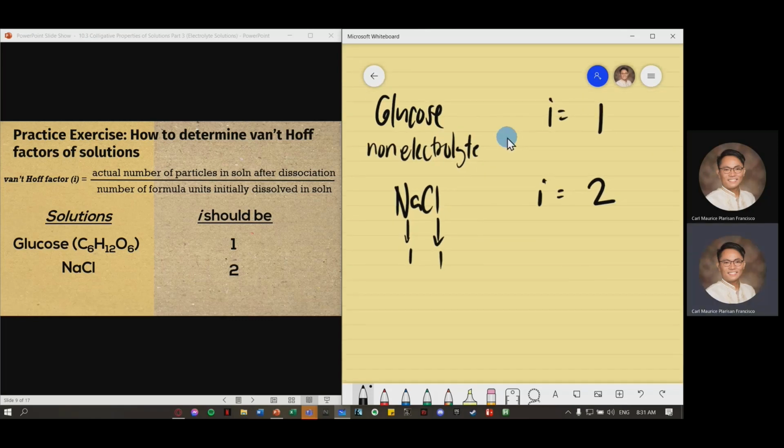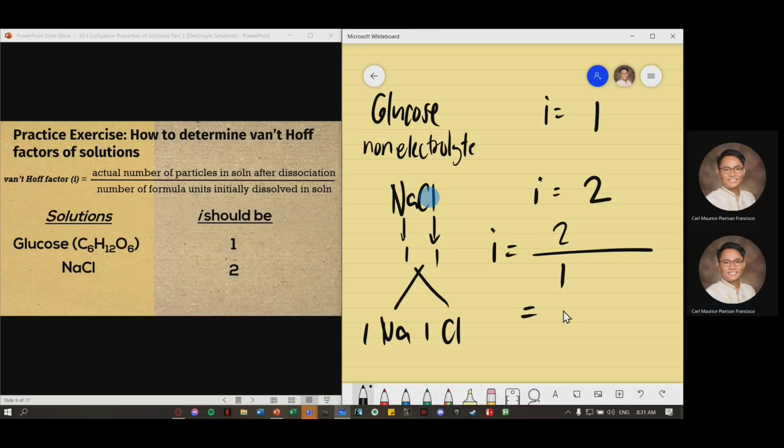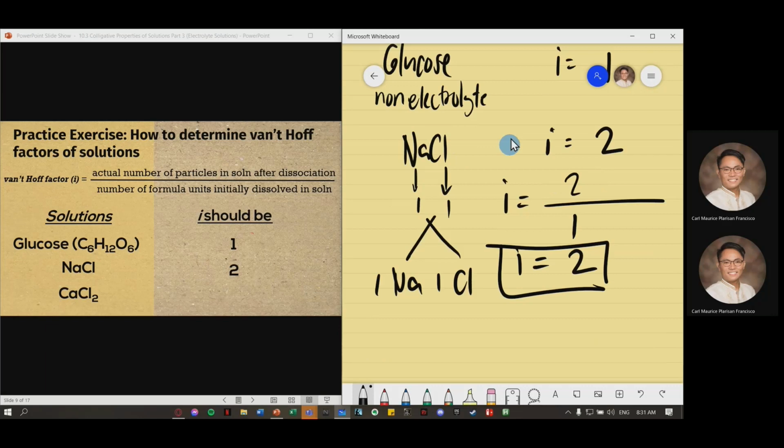Pero kung i-check po natin yan sa main equation, we have number of particles formed after dissociation, dalawa, because when sodium chloride dissociates, you have sodium and chlorine. So 2 ang numerator. How about the denominator? Number of formula units initially dissolved, meron kang isang sodium chloride, so number 1. So I is equal to 2. Parehas pa rin.